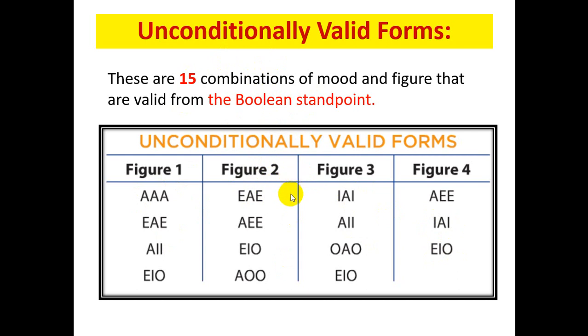So if you have any argument which has this combination AAA, for example, in figure 1 here, it means that it is valid. Also, if you have, for example, in figure 4 a mode like EIO, it is valid like that. So these are the 15 valid argument forms.